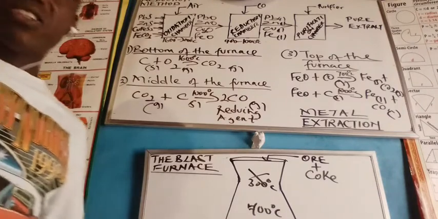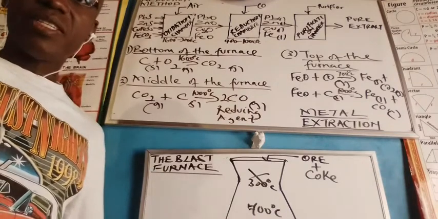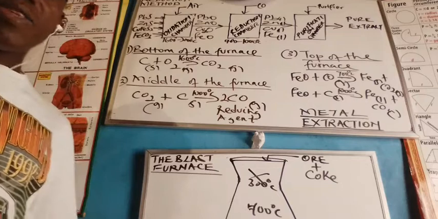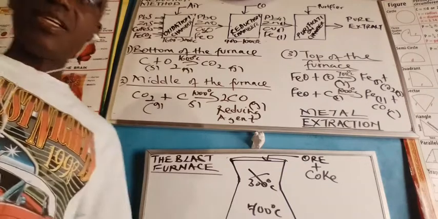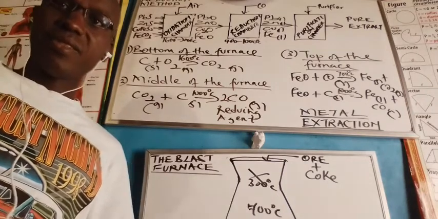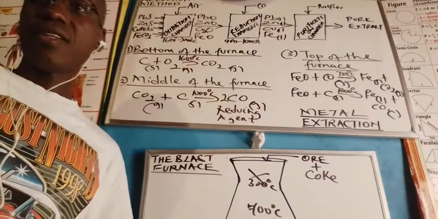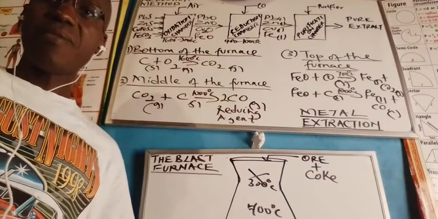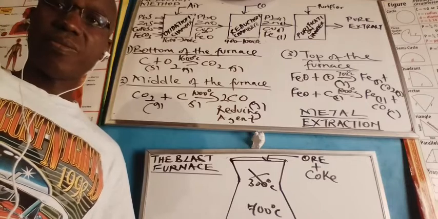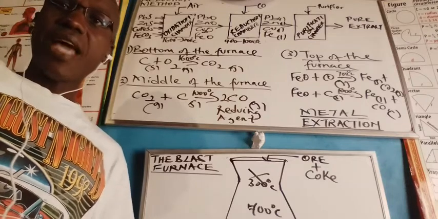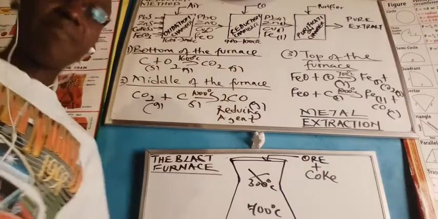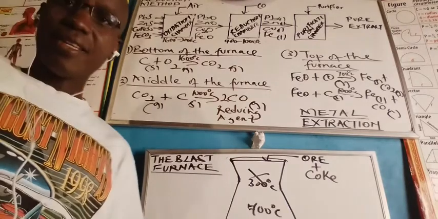Remember, the reduction method for metal extraction is mainly for the less reactive metals, simply because if you put highly reactive metals like sodium, potassium, or aluminium, there will be an explosion. And that is why for the highly reactive metals, we extract them by the method of electrolysis.